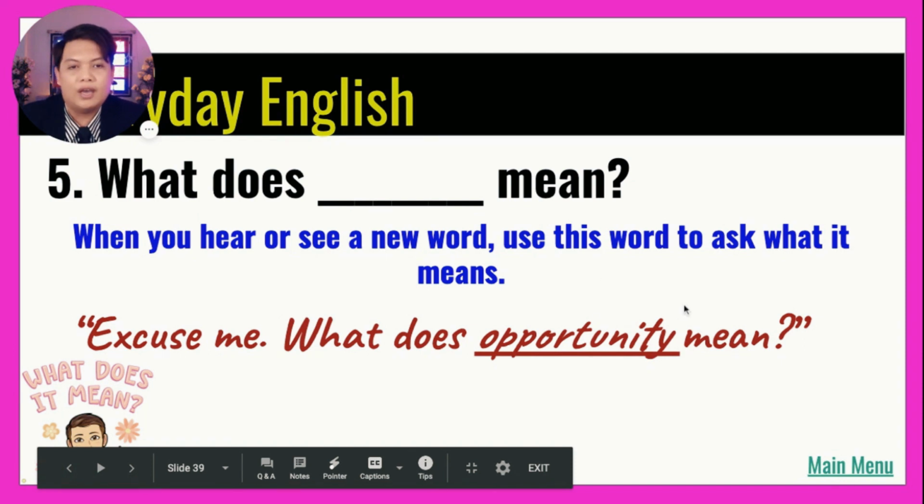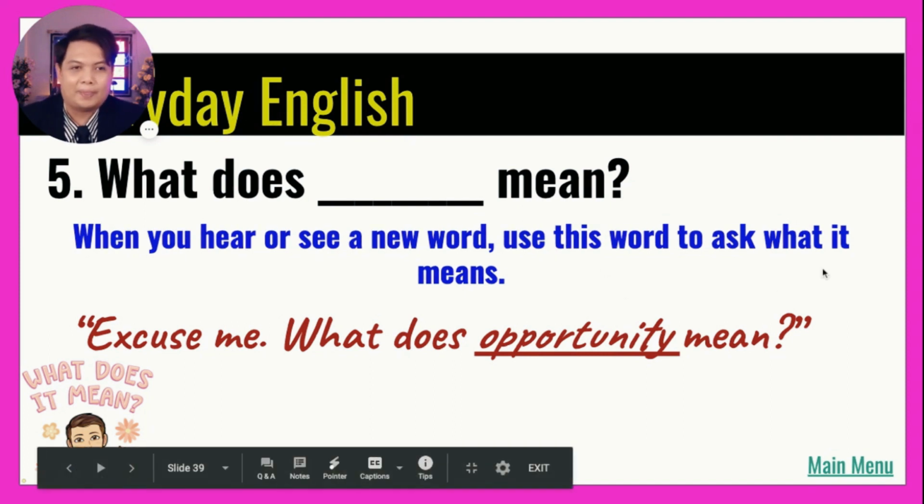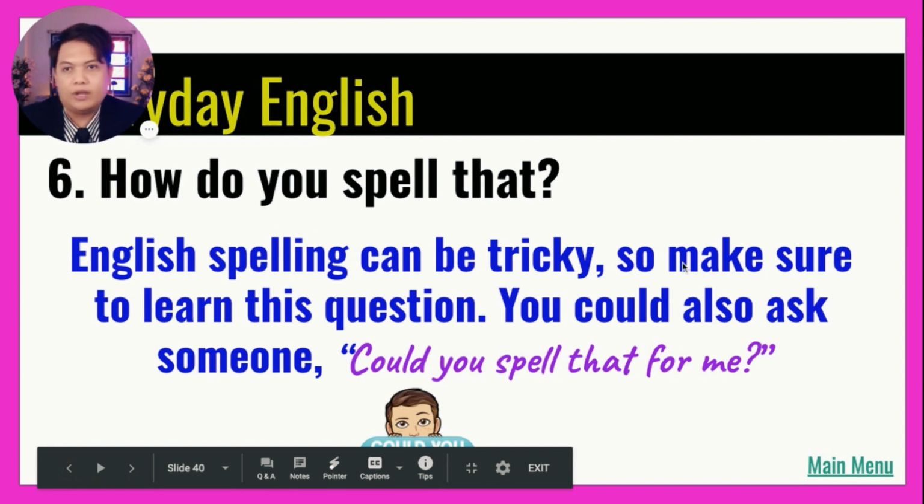If you have a word that is very new to your ears and your eyes, you could use this phrase. Start with excuse me, then what does, followed by the word that you don't understand, and then mean. Good job. Let's move on.